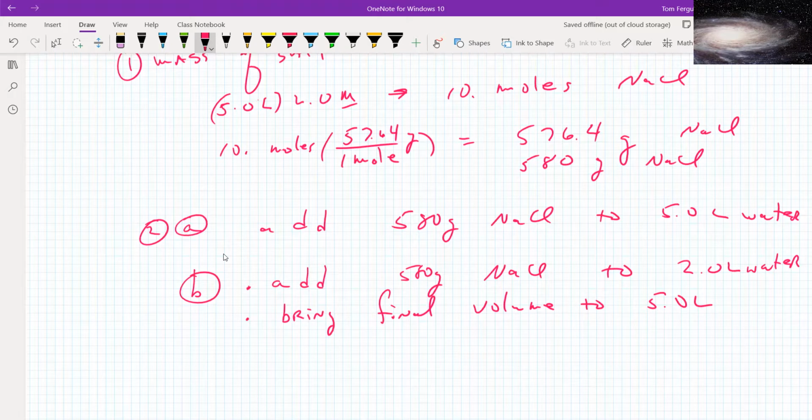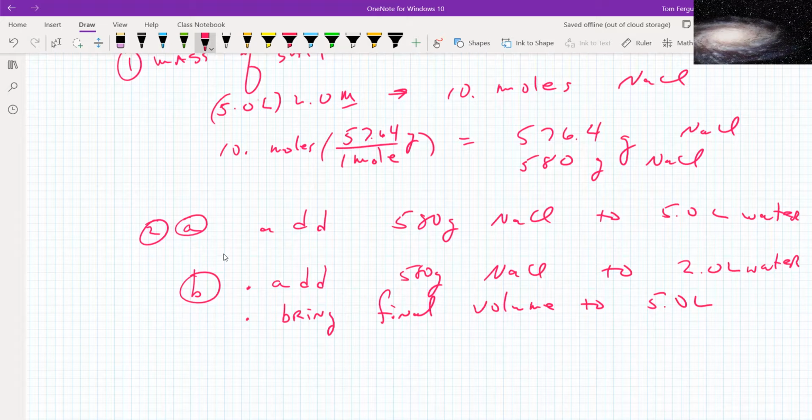It's got to be less than 5. And then when it's totally dissolved, we bring the final volume up to what we want, in this case 5. Does that make sense? You put salt in, it takes up space and brings up the water volume.